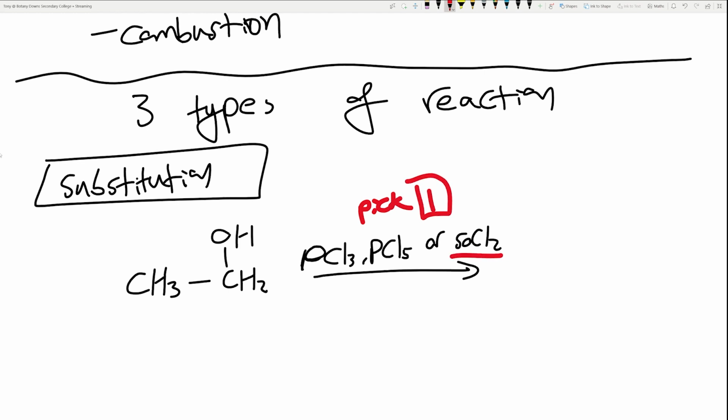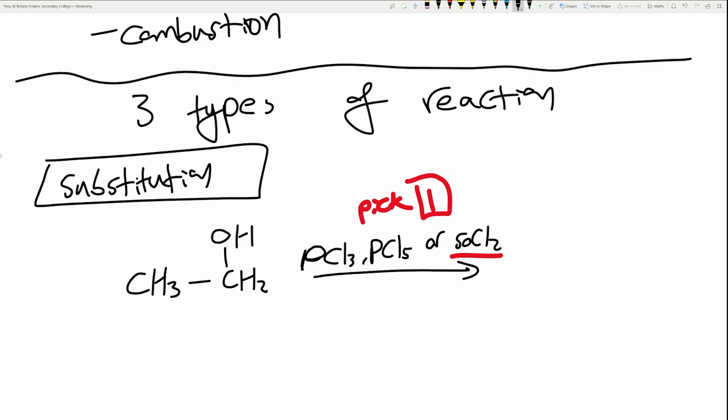And technically, SOCl2 is the most correct one, and I personally always go with that, but it's one of those 3. If you see PCl3, PCl5, SOCl2, they catalyze the same reaction. This is again where I would like you to understand the reaction and make an educated guess on what the product's going to be, because it's a lot of work to fully memorize everything.